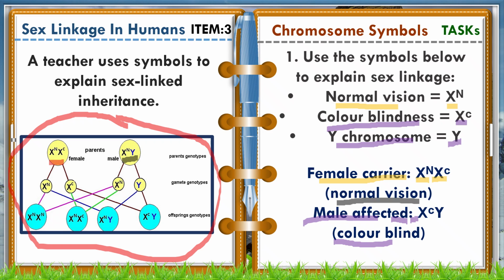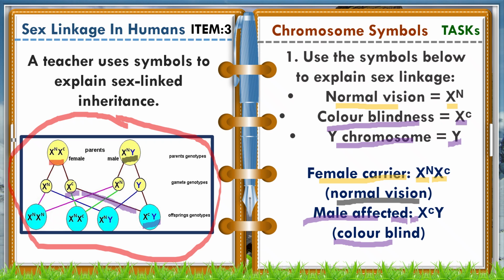So when you come to our diagram here, you'll see we have the female who is having a colorblind gene, XC, and when she gives this colorblind gene to this boy, he is going to become colorblind.